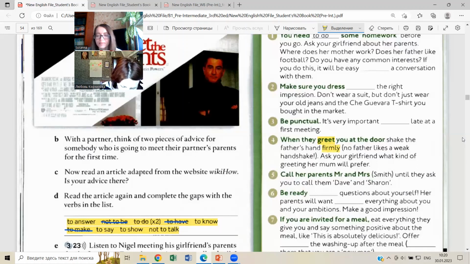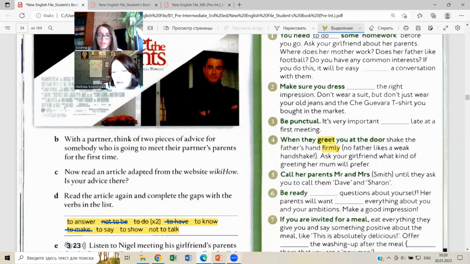No father likes a weak handshake. Just a moment. Shake the father's hand firmly. Yes, no, it means strongly. Yeah, strongly.